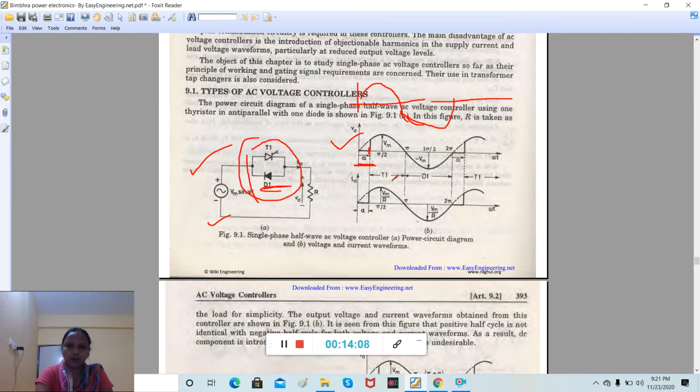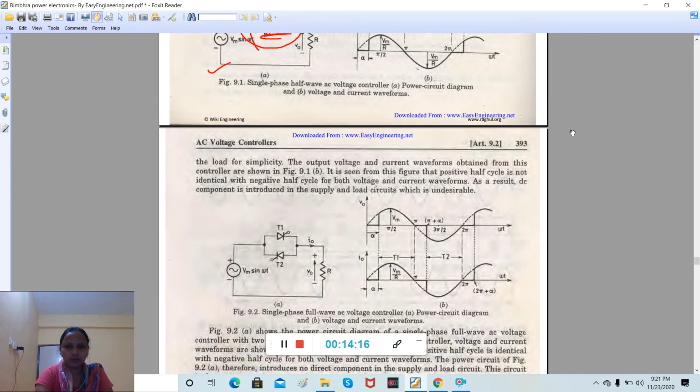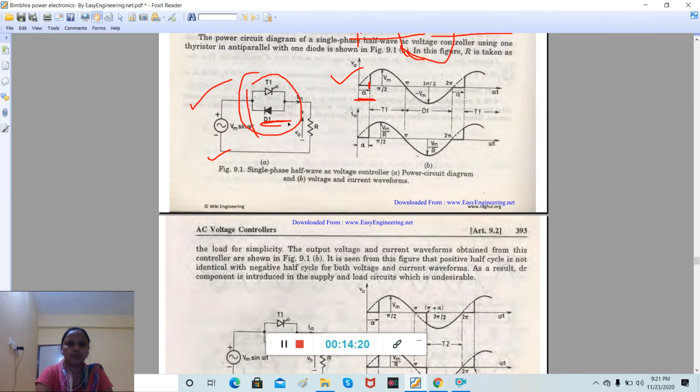So this is the power circuit, and these are the output voltage and current waveforms for the single phase half wave AC voltage controller.